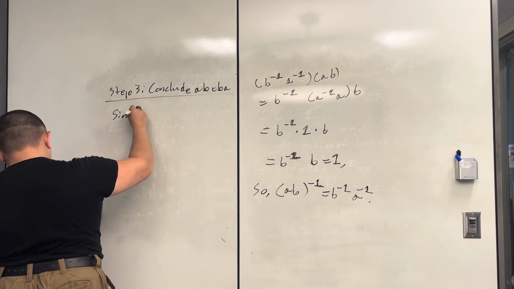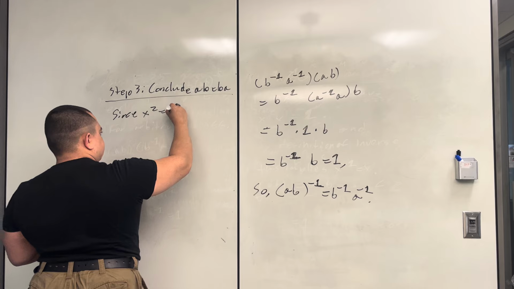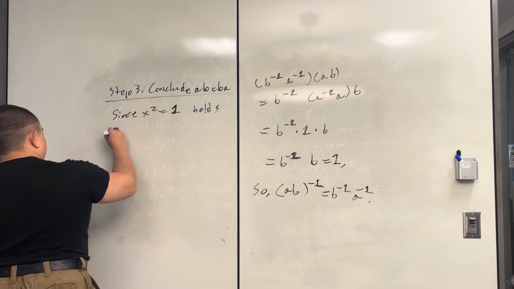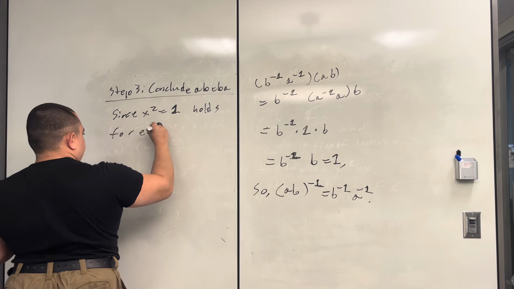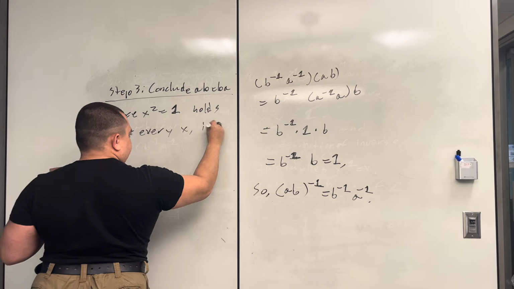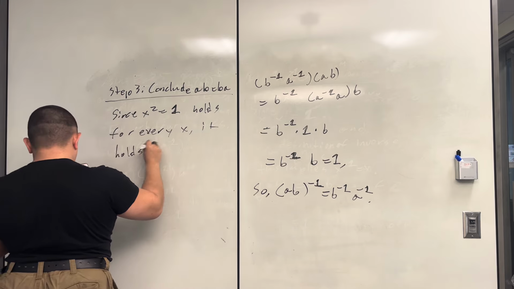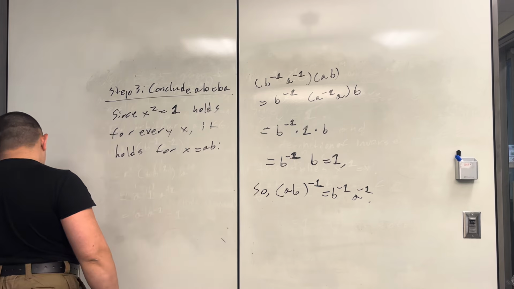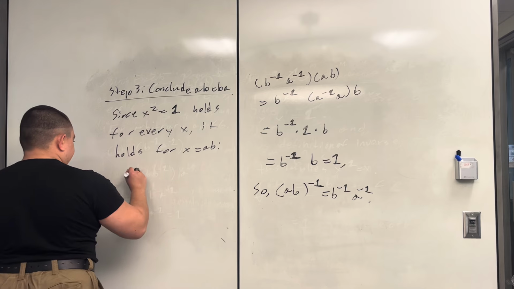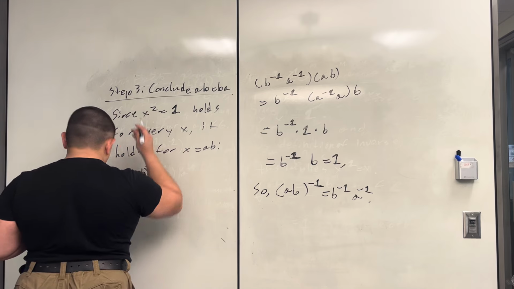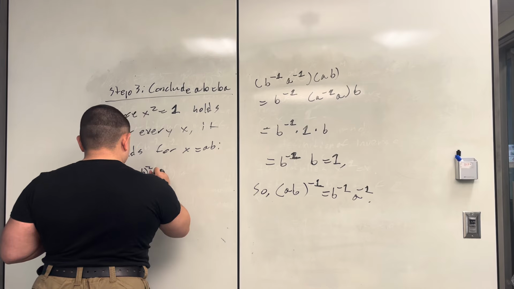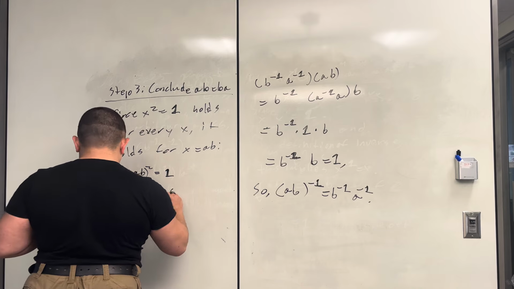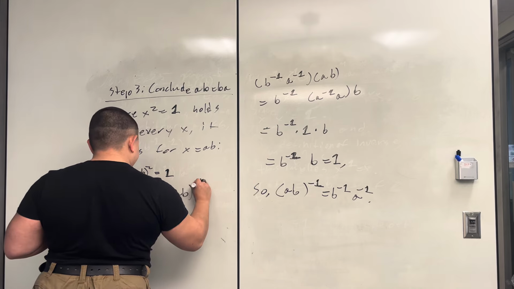Since x squared is equal to 1 holds for every x, it holds for x equal to AB, such that we have (AB) squared is equal to 1, which implies AB is equal to (AB) to the negative 1.